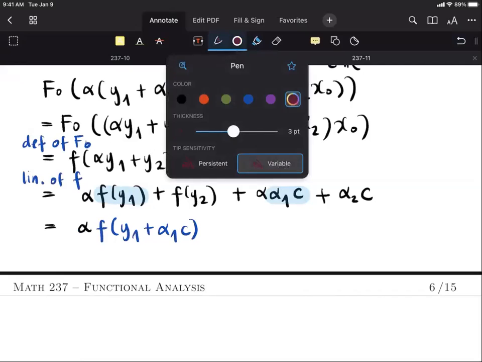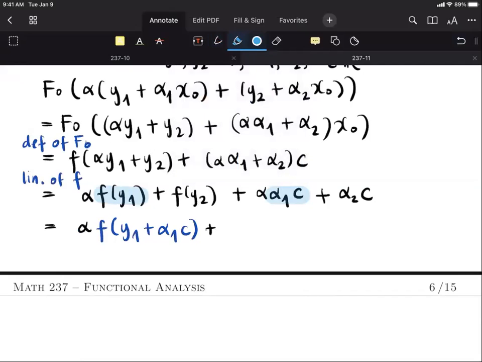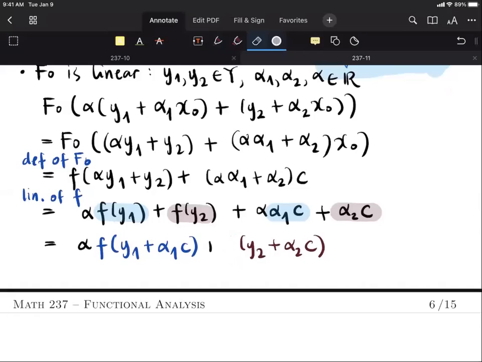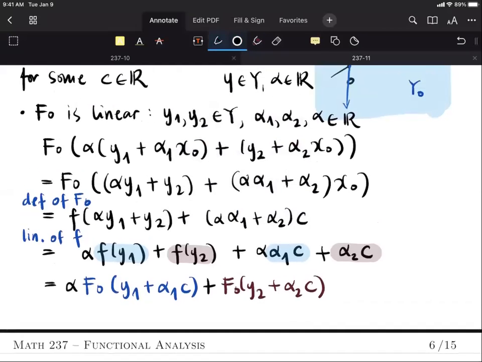And the second term is basically f naught of y2 plus alpha 2c. So that proves the linearity of f naught.